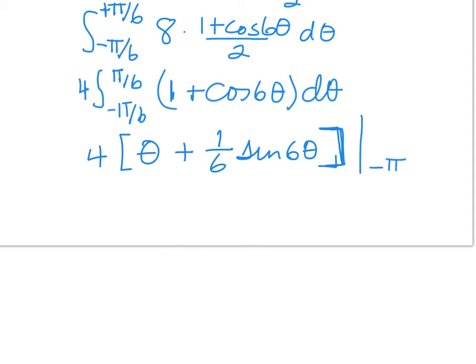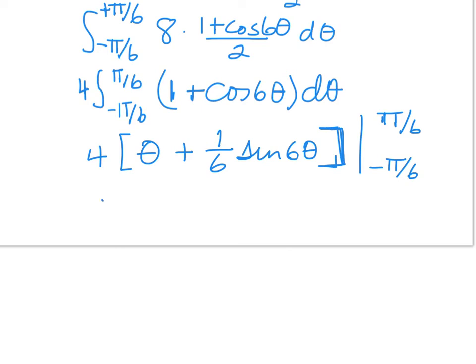By the way, you could have integrated cosine of 6 theta by making the u substitution u equals 6 theta. Then, of course, du would be 6 times d theta. It's your choice.